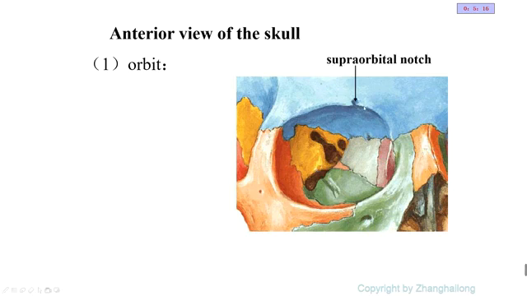On the superior border, you can see there is a supraorbital notch and an infraorbital foramen. This one is a notch. This one is a foramen. Now you should know the difference between the notch and the foramen. Some people have a notch, some have a foramen.